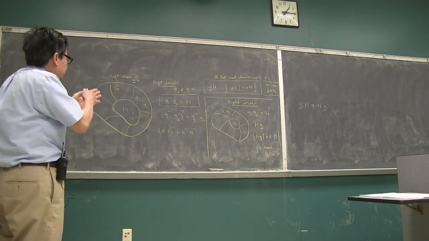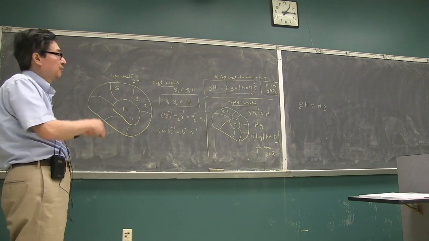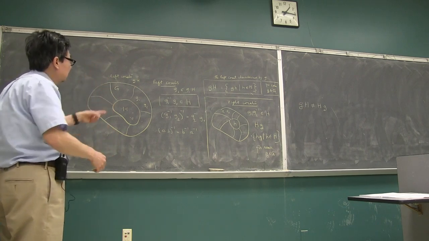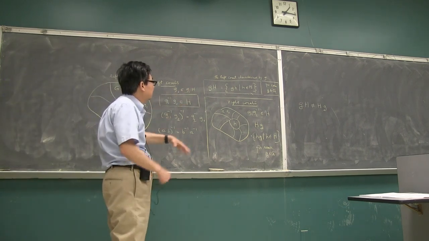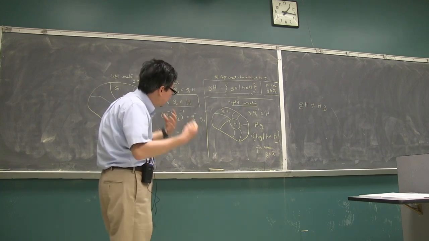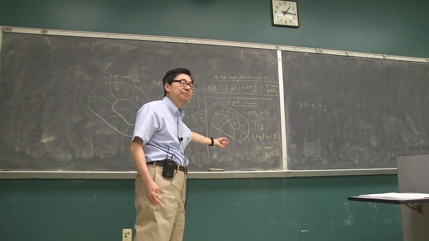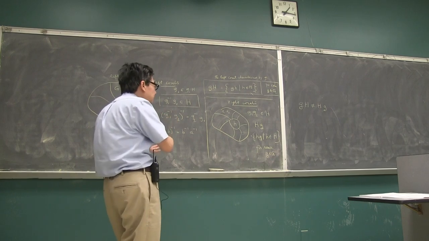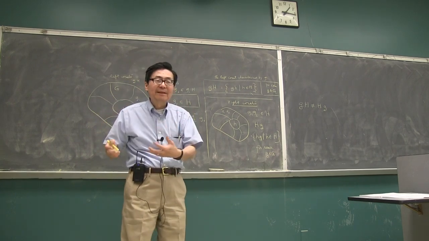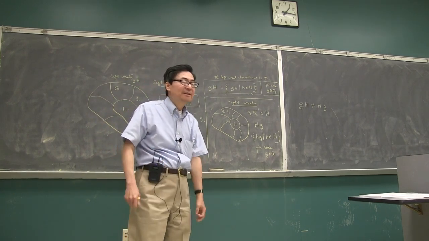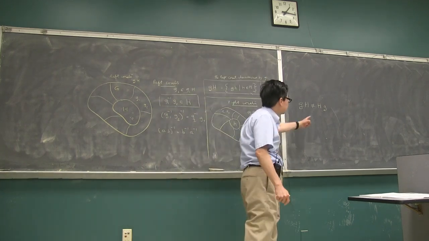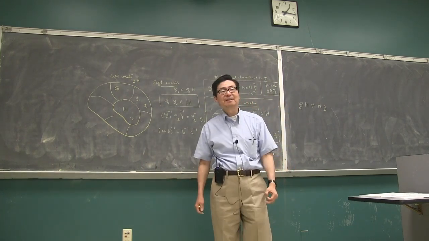And so with any subgroup, you can form the set of left cosets according to this manner, or you can form the set of right cosets according to this manner. The set of left cosets is in general not the same as the set of right cosets, which means that this is in general not the same as that, okay?